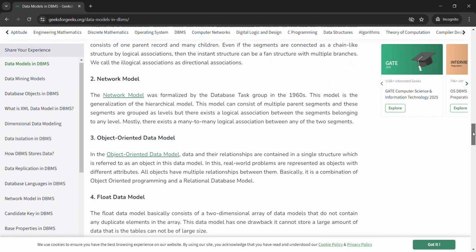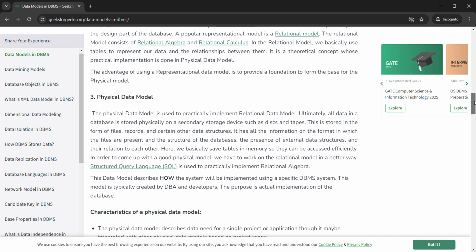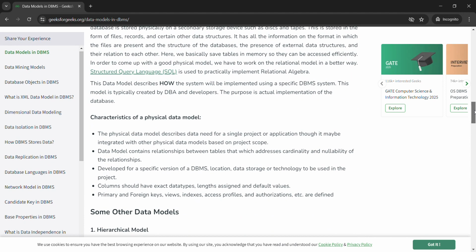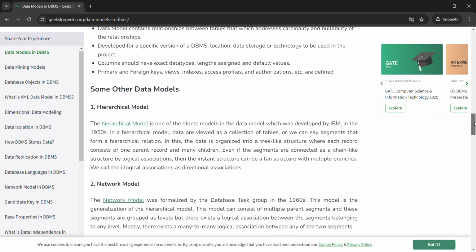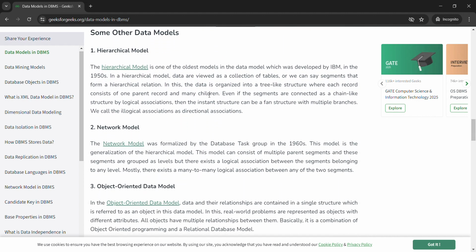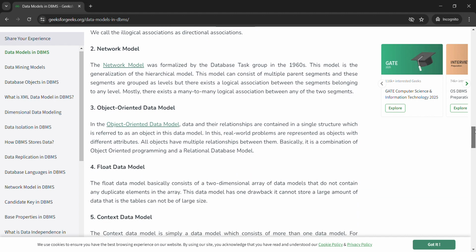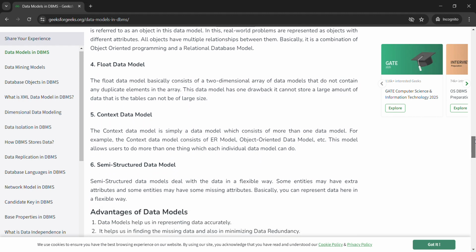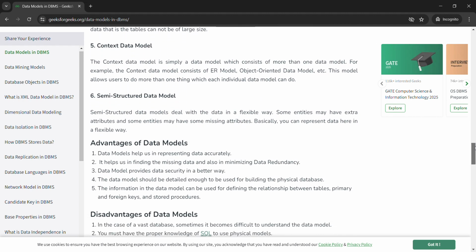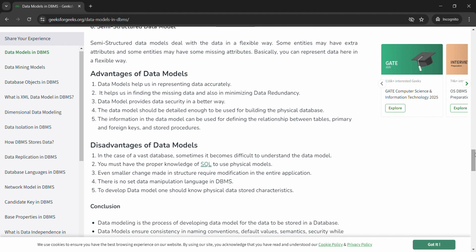There are other things like the physical data model, characteristics of a physical data model, and some other data models like the hierarchical model, network model, object oriented data model, flat data model, context data model, and semi-structured data model. So what are the advantages of a data model?